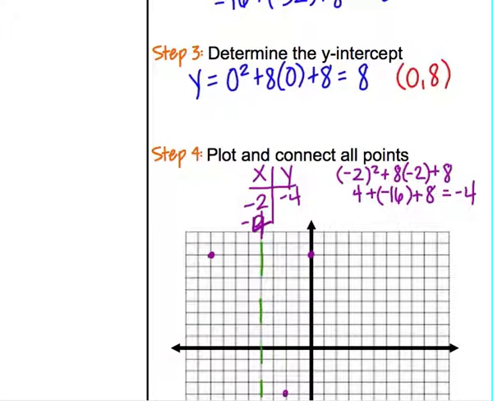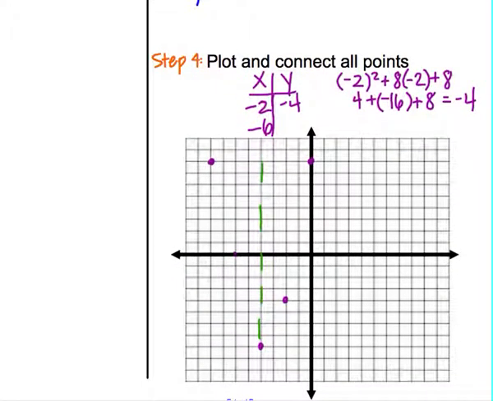And I know that due to symmetry, I apologize, not negative 4 here. This is negative 2. I'm going to then go 2 on the other side of this, 2 here, and that's negative 6. And I know by symmetry, when I look here, that that is also going to be here at negative 4. So then finally, our job is going to be to nice and neatly graph our points to the best of our ability.